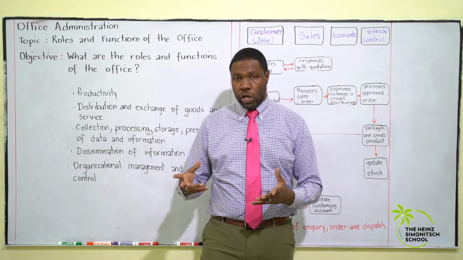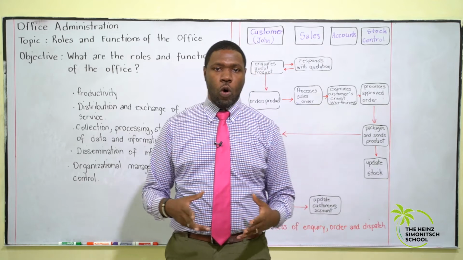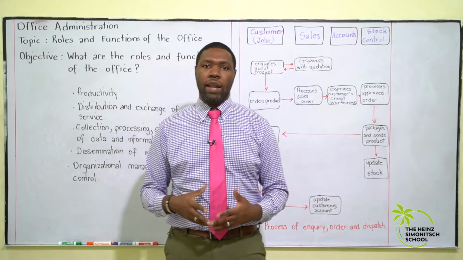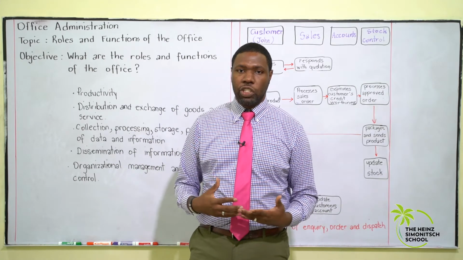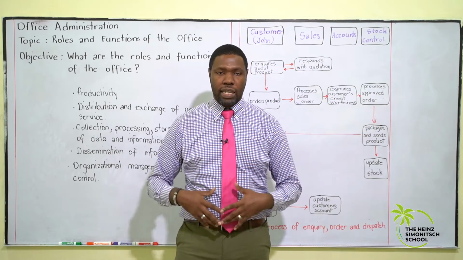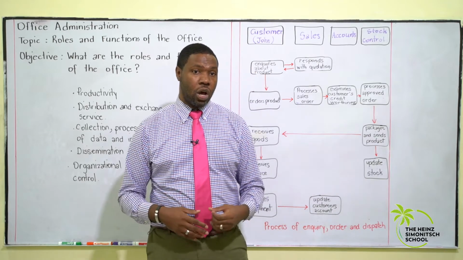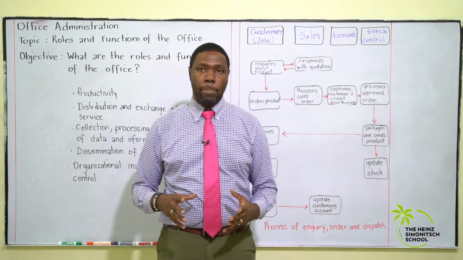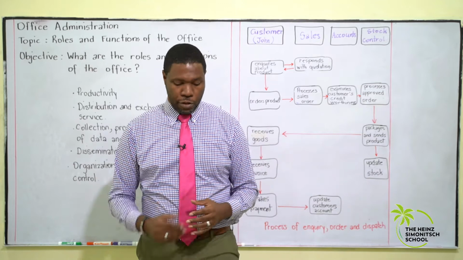This distribution can be oral, in writing, or electronic, depending on the audience. So there must be established rules and procedures to guide the employees of a business so that the information that is disseminated about employees, customers, suppliers, and other business relationships is accurate and done in a timely manner. All right?